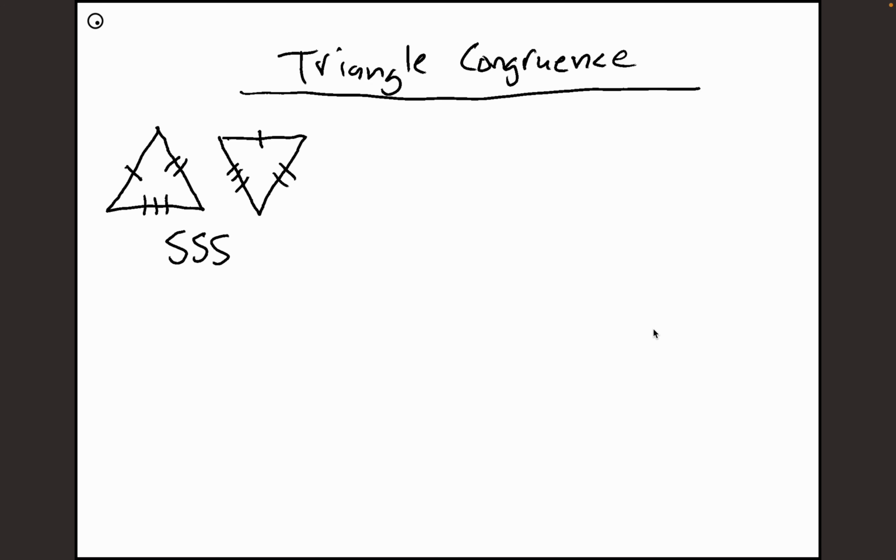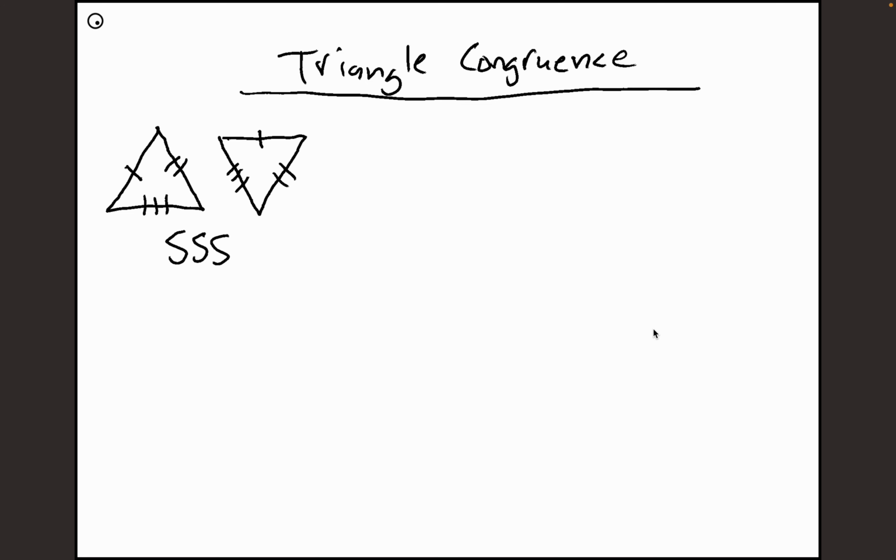What do we think the S stands for? Just side. It's going to be called side, side, side. If we have 3 congruent sides, we can say this triangle is congruent, because if these 3 sides are congruent, then the 3 angles are also going to be congruent. So that's called side, side, side.